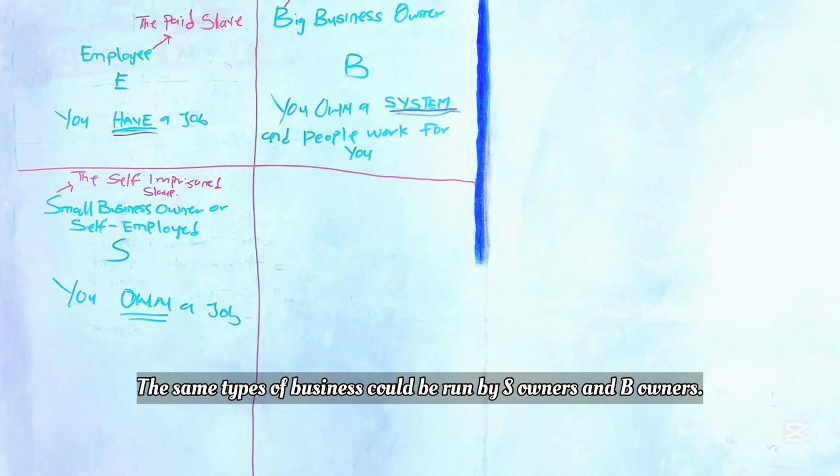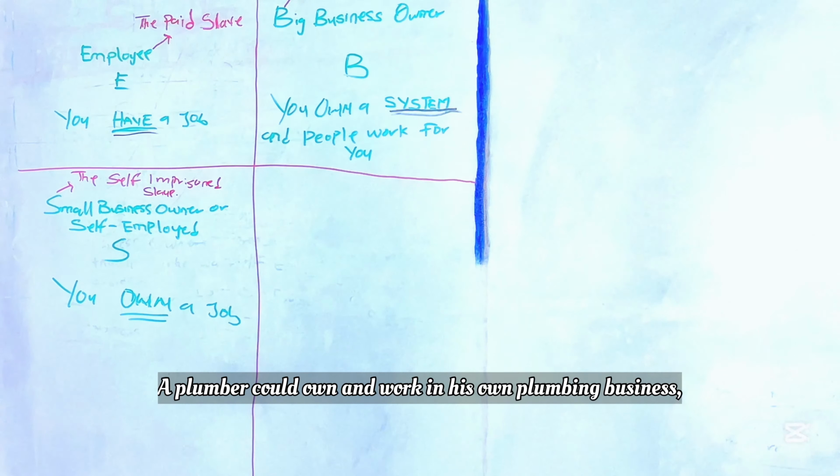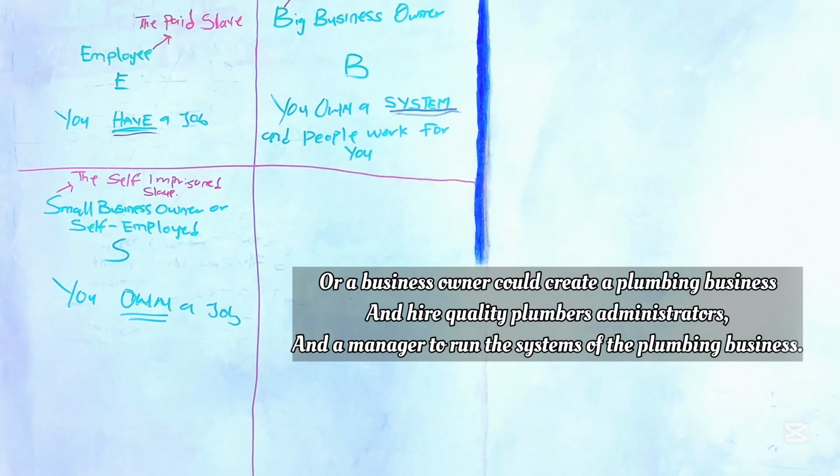The same types of business can be run by S owners and B owners. For example, a plumber could own and work in his own plumbing business, or a business owner could create a plumbing business and hire quality plumbers, an administrator, and a manager to run the systems of the plumbing business.